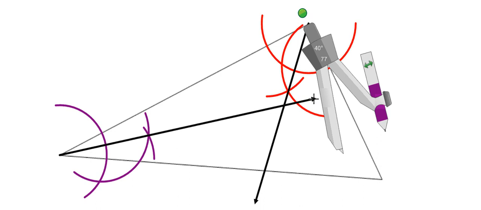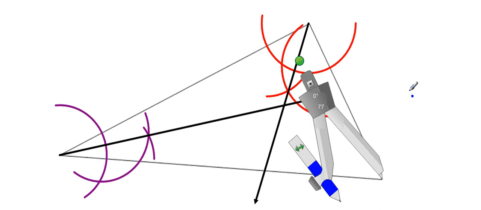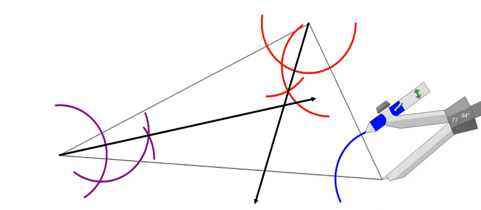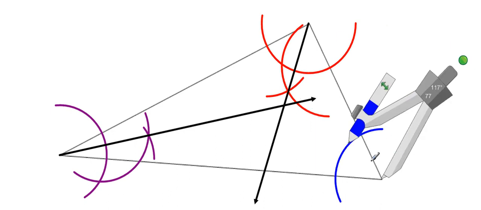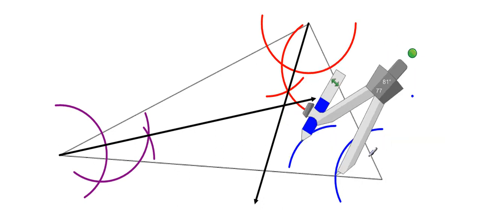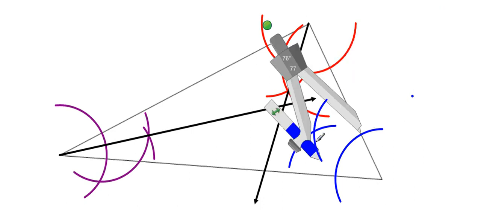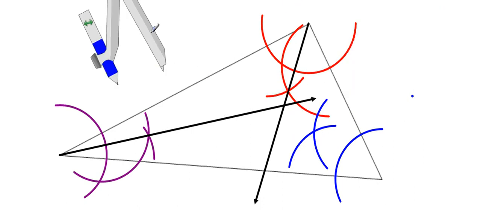No wimpy angle bisector for me. And then I guess I'll switch up and do blue for my third color down here. Get that compass out of the way.